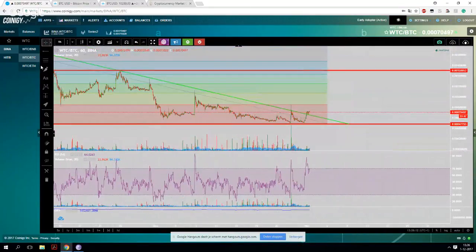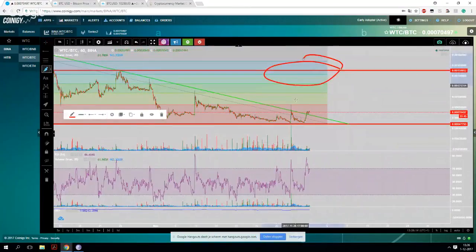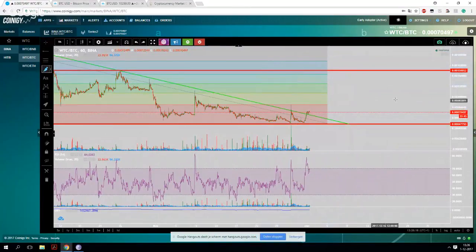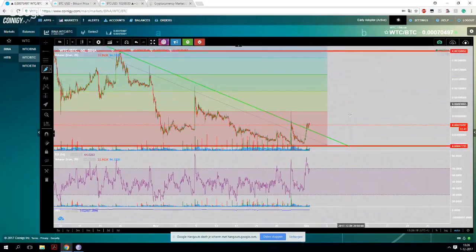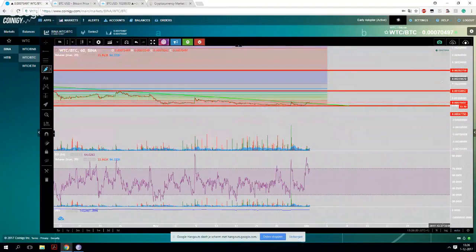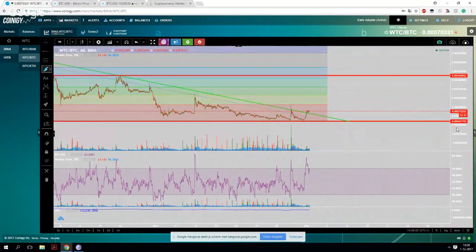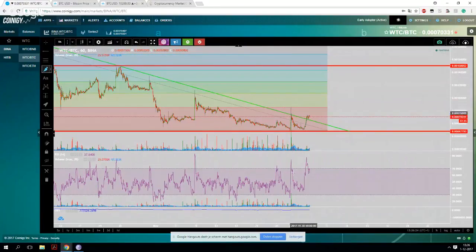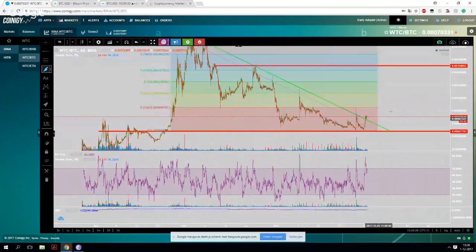I'm going to sell most of my position around here, like 70%, and then I'm keeping the rest in order if we make the run all the way up to 300K, that would be nice. But this would make for a nice double, at least a double. So that's Walton.